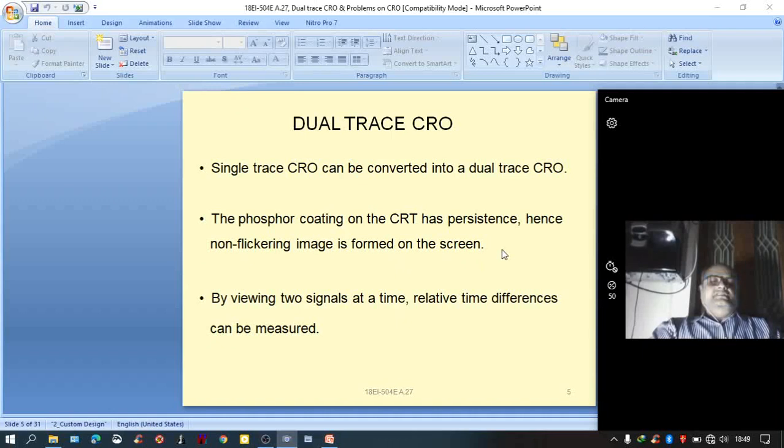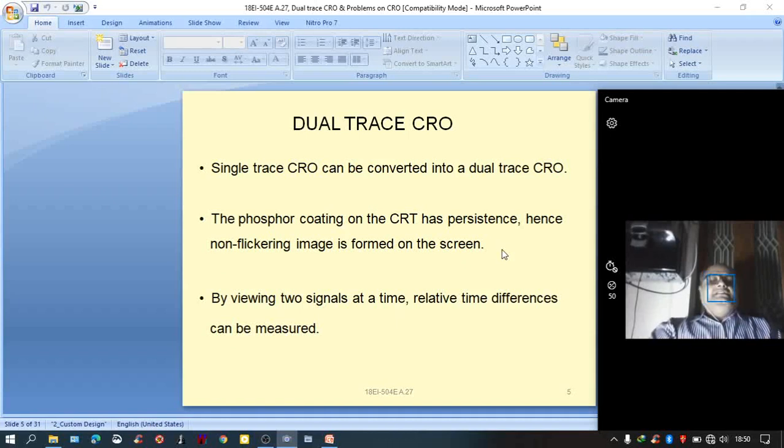What is persistence? Persistence is the property of a phosphor material to maintain the luminous spot even in the absence of the electron beam. So, when the electron beam hits the surface and imparts kinetic energy, that energy is converted into light energy and a luminous spot appears on the screen.